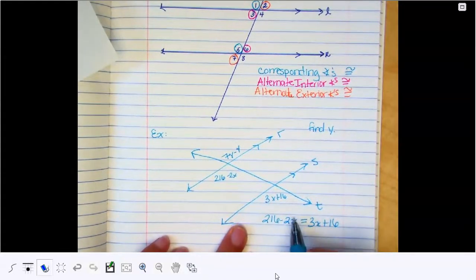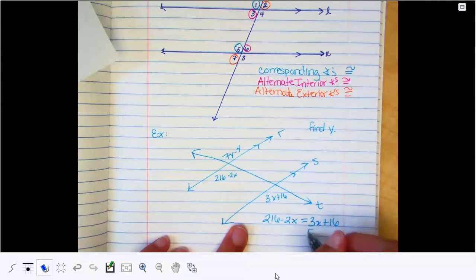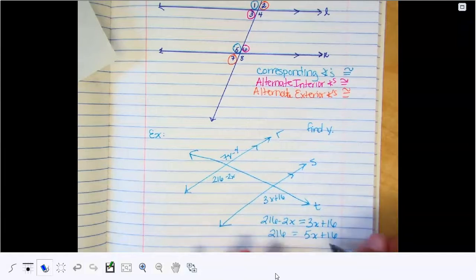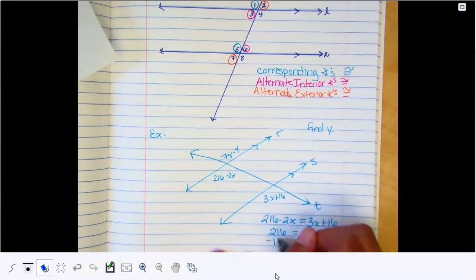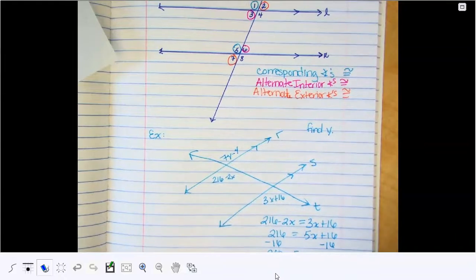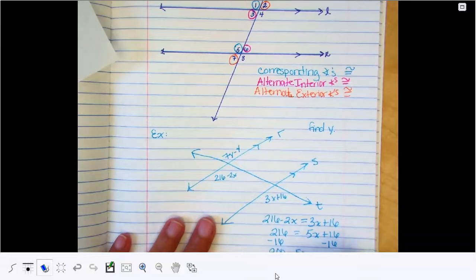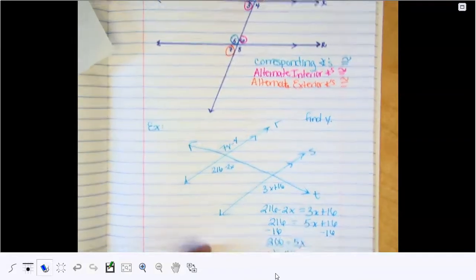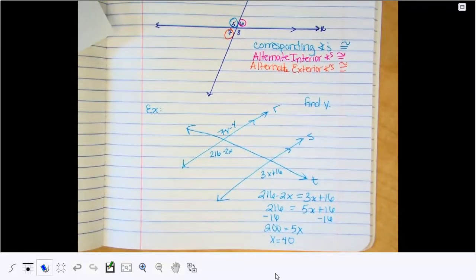And now it's simple algebra. So add 2x to both sides, we get 5x plus 16 equals 216. Subtract 16, we get 200 equals 5x. And 5 can go into 200 40 times, so x equals 40. Okay, we're not looking for x, so keep that in mind.